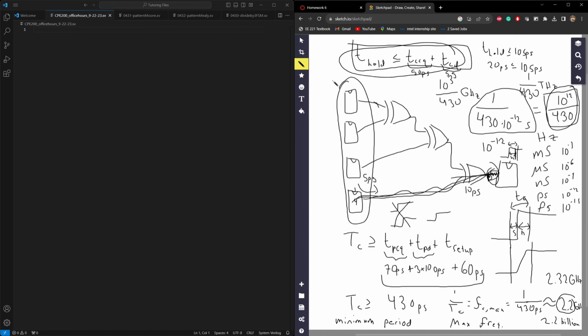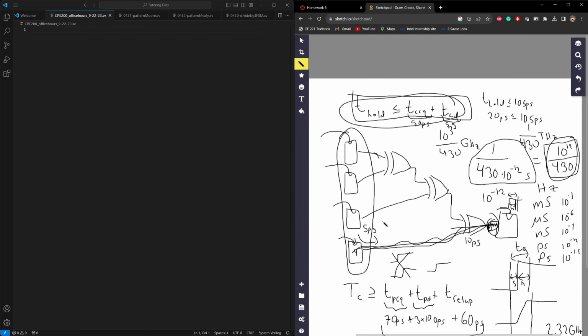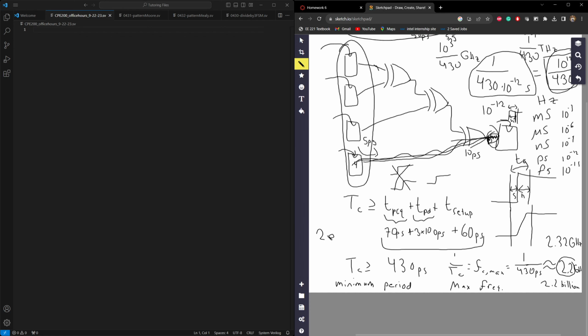However, the clock being sent to this signal, and this signal, and this signal, and this one over here, to all these registers, it's the same clock. However, due to delays in traveling through wires and maybe positions on a circuit board, the signal might arrive sooner to some registers than they would to others. That is clock skew. Okay. So what we're asked is, what's the worst possible clock skew that we can handle and still run at 2 gigahertz?